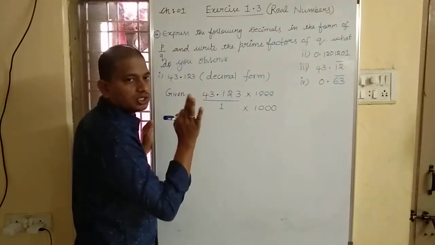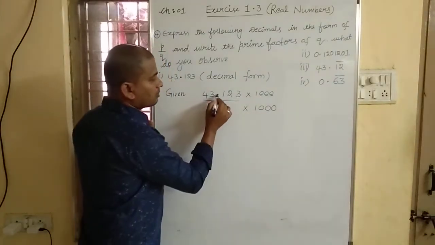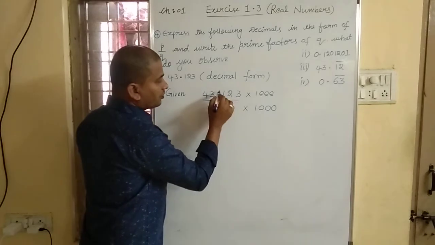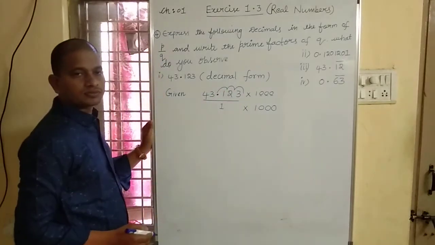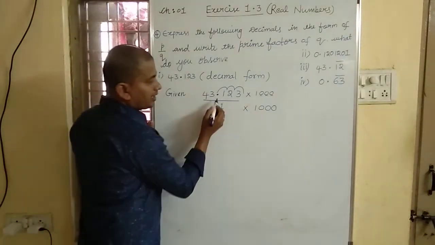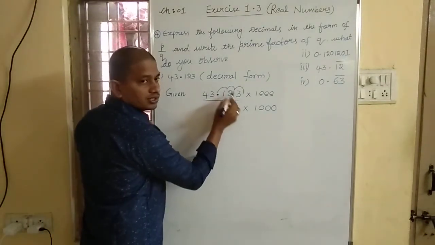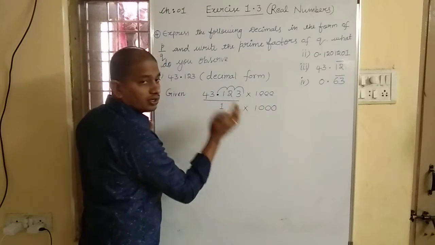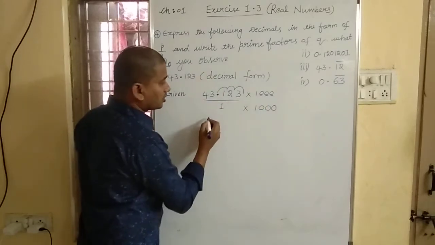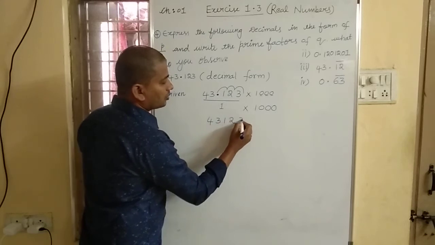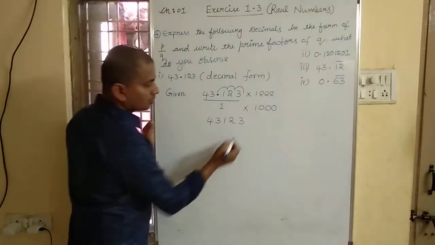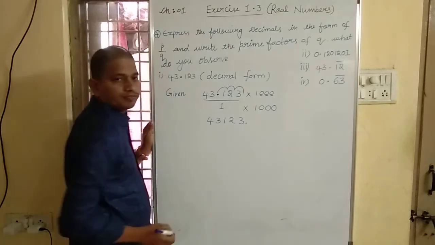We have 3 zeros, so the decimal point shifts towards the right hand side by 3 digits. So 4, 3, 1, 2, 3, the decimal point will come here.